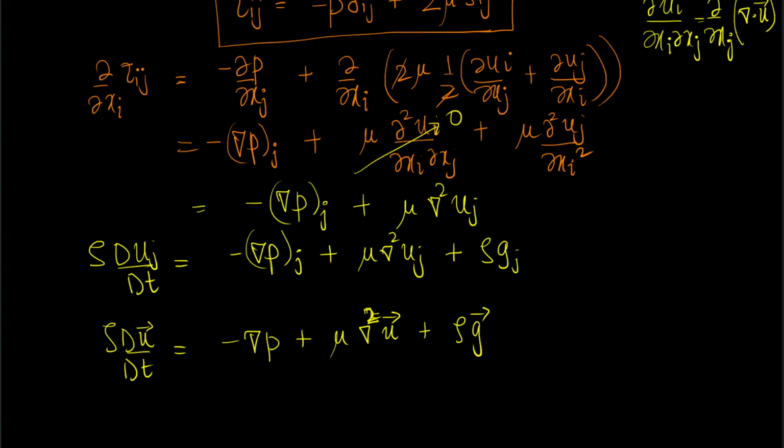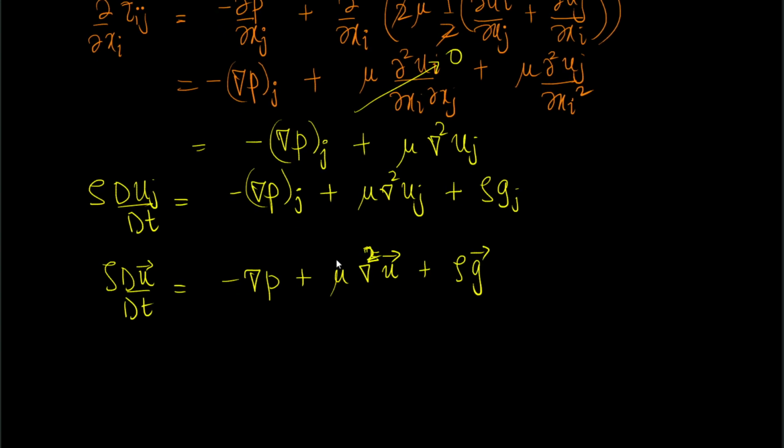Now let us take a step forward and simplify this, because it's a Laplace operator and a velocity. We can make use of the vector identity that the curl of the curl of a vector is equal to the gradient of the divergence of the vector minus Laplacian of the vector.